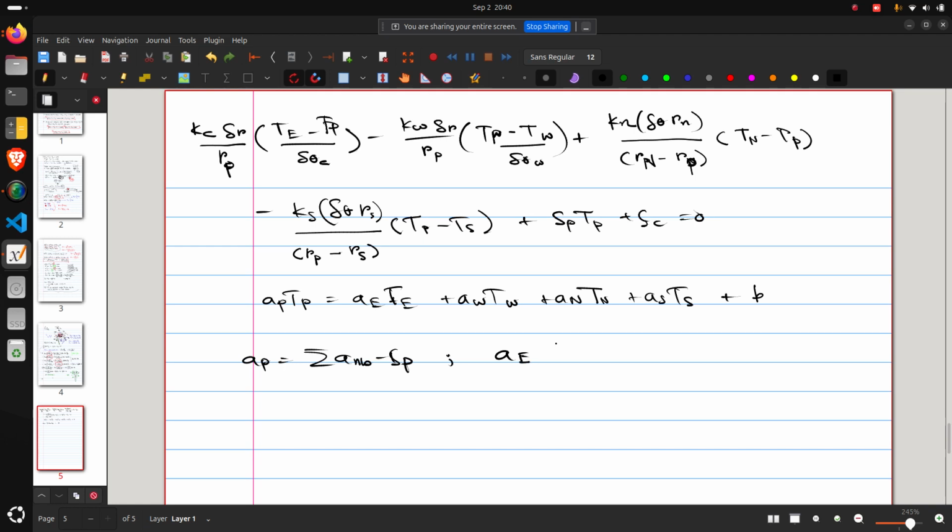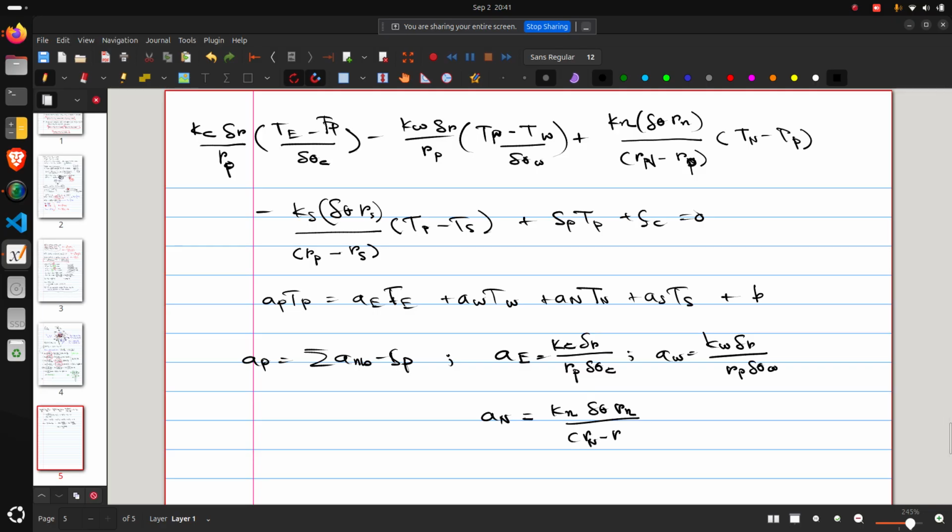A east will be K east del R RP del theta E. A west will be KW del R RP del theta W. AN will be K small n del theta Rn by Rn minus Rp, right?